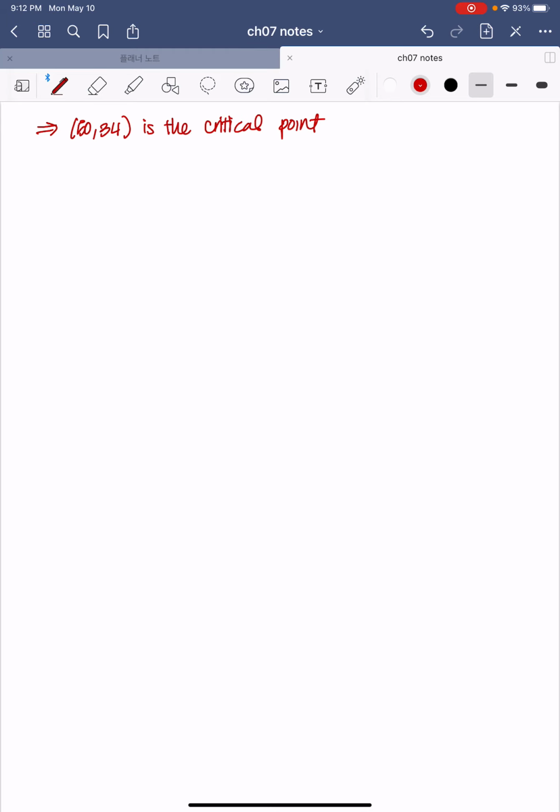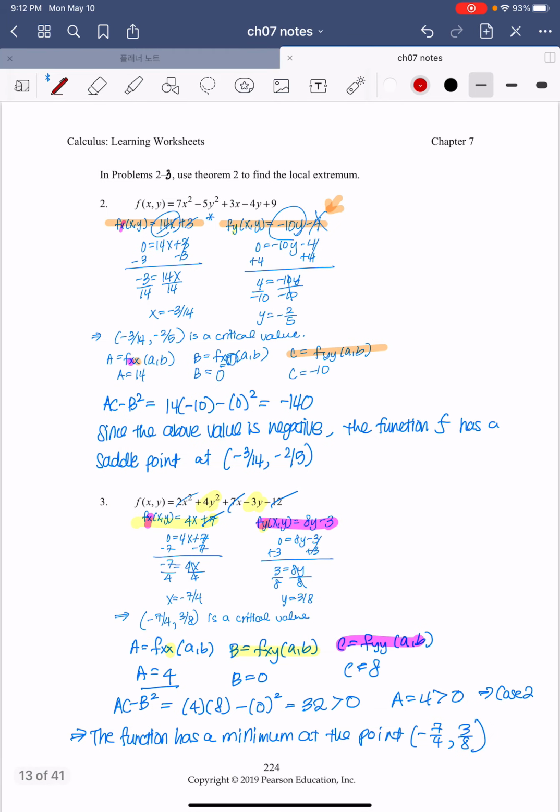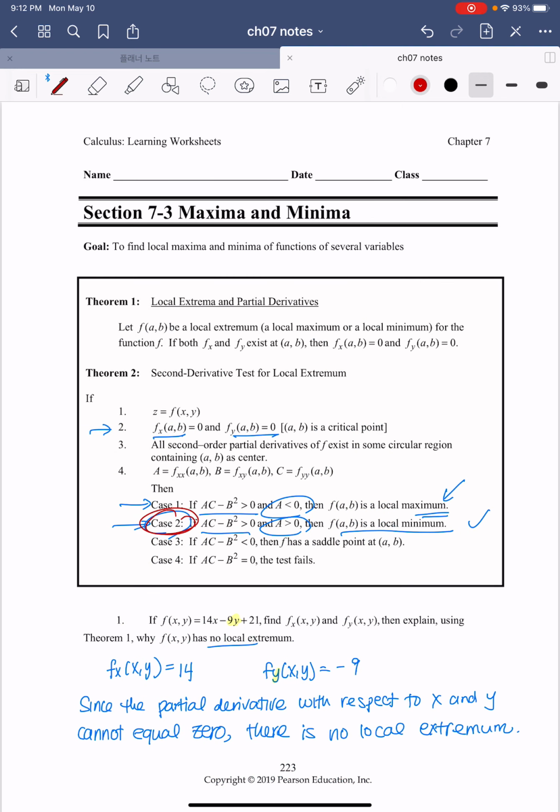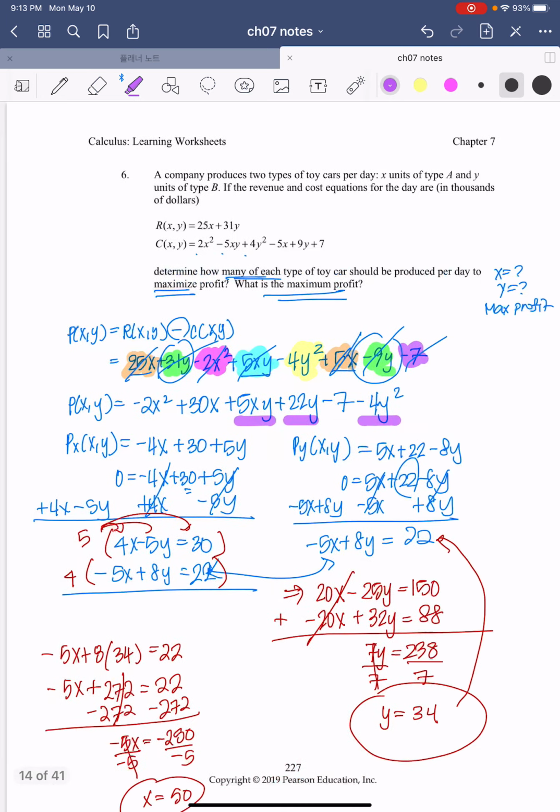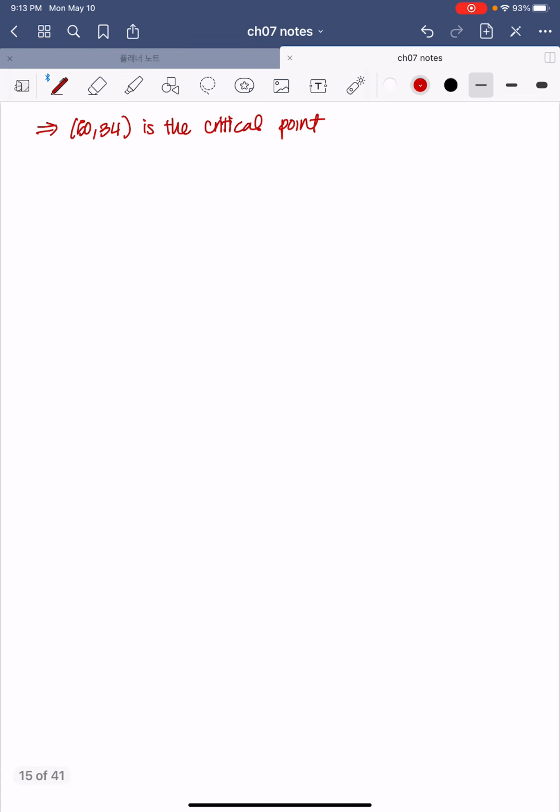Now we are going to solve A, B, and C and make sure that this critical point is case 1, because we want to maximize profit. Okay, let's check. A is defined as P of xx at a comma b. B is P of xy at a comma b, and then C is defined as P of yy at a comma b.